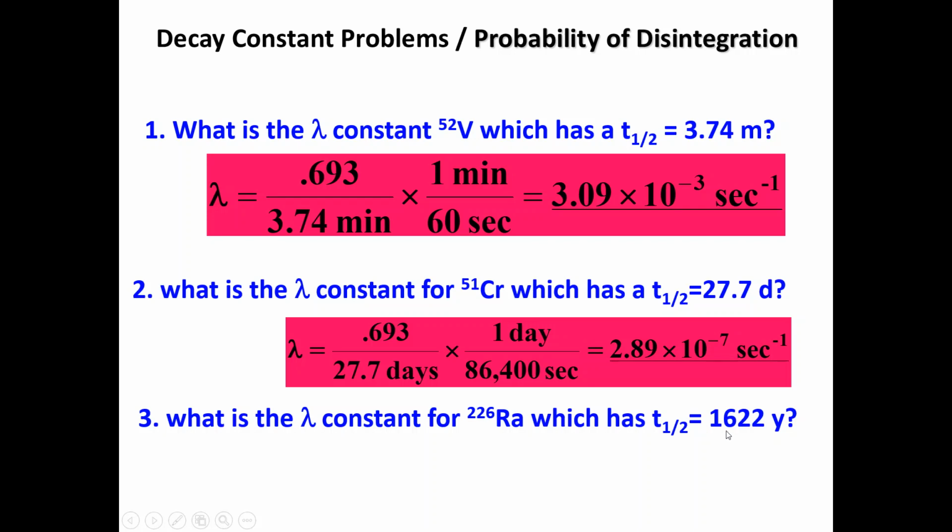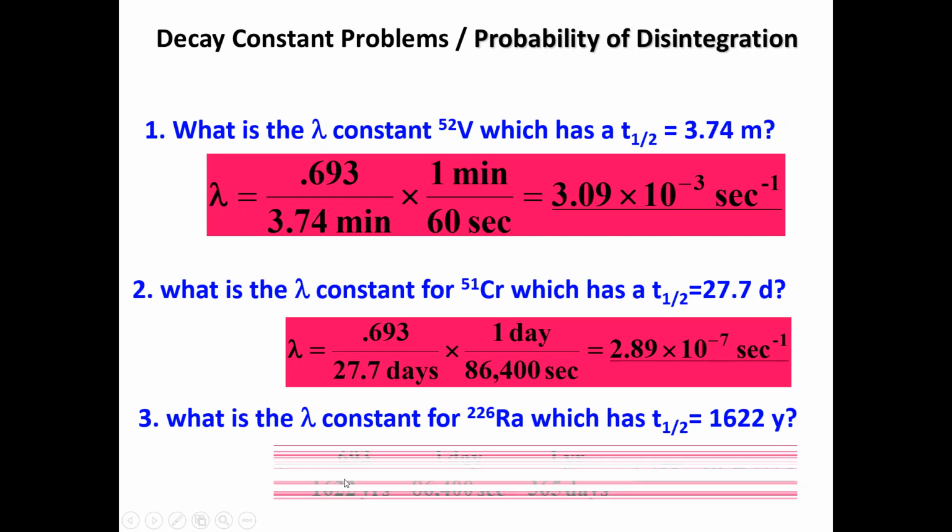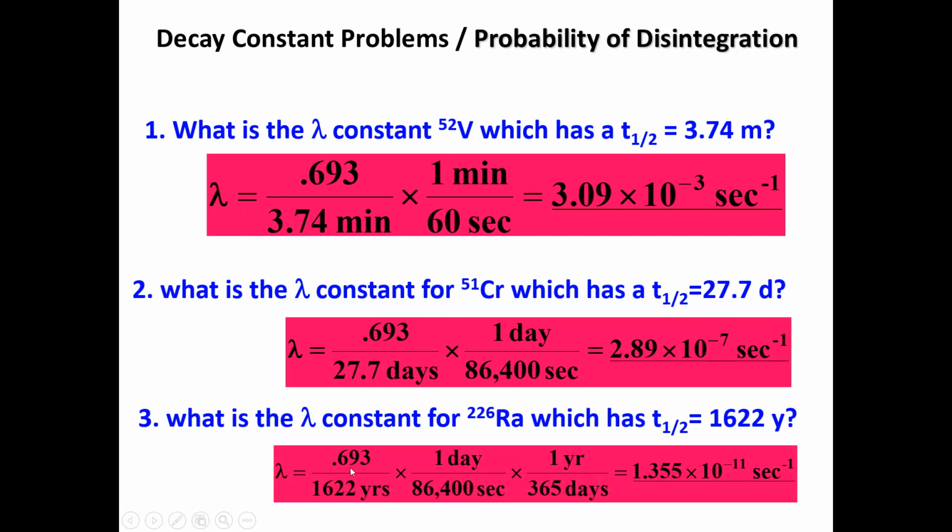The third problem is: what is the decay constant for radium 226, which has a half-life equal to 1722 years? Again, the difficult task is converting years into seconds, and the formula remains the same. You put the values in the basic formula. Since the half-life is given in years, first years should be converted into days, and then days into seconds.